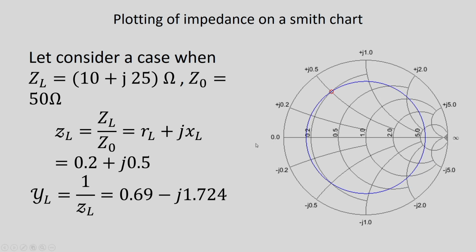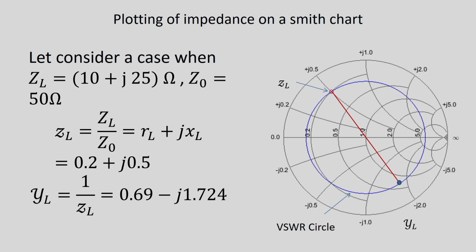We start by marking ZL and then we draw the constant VSWR circle. Then if we pass a line through the center of the Smith chart to where it touches this circle, this point gives us YL, which is equal to 0.69 minus j 1.724, and here you can see the values are close and from the actual Smith chart it can be read out.